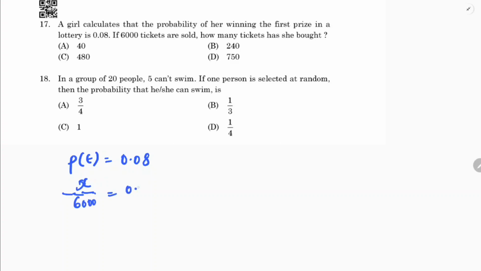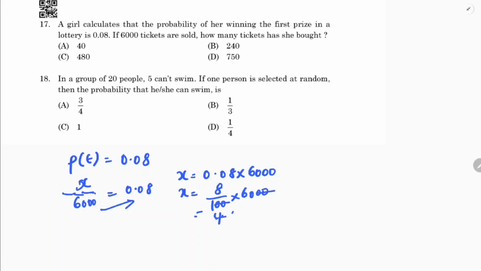So chances are 0.08, that is probability. Now if we cross multiply, x equals 0.08 into 6,000. So 8 by 100 into 6,000, 2 zeros, 2 zeros. 8 times 6, 48, so 480. She bought 480 tickets, so the correct option is C.